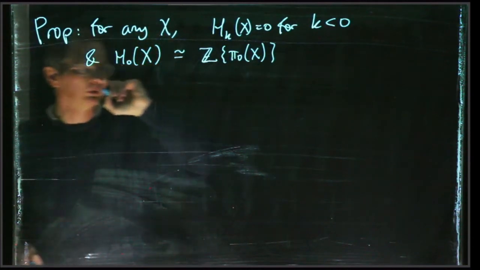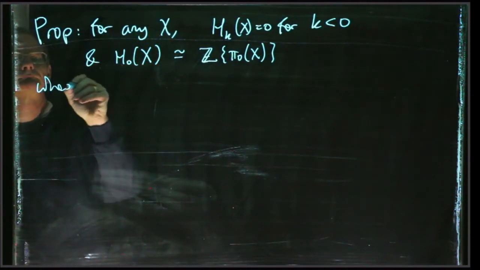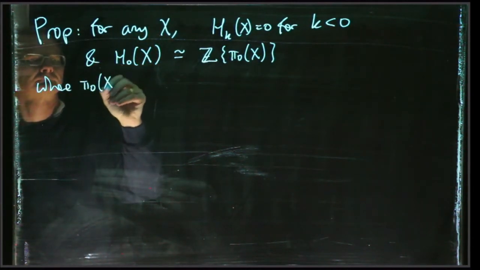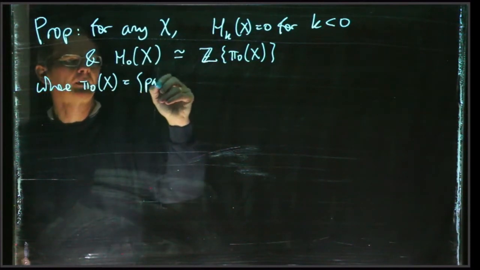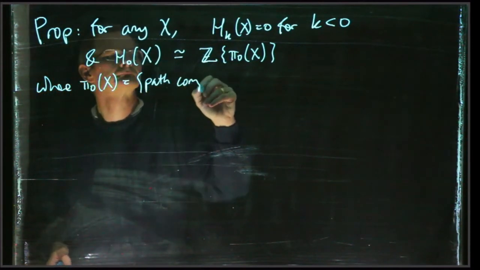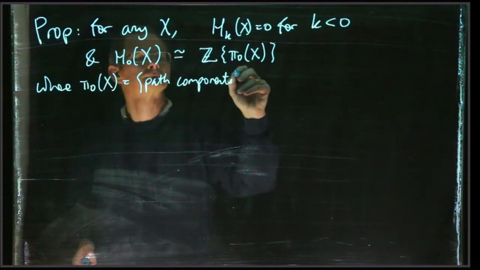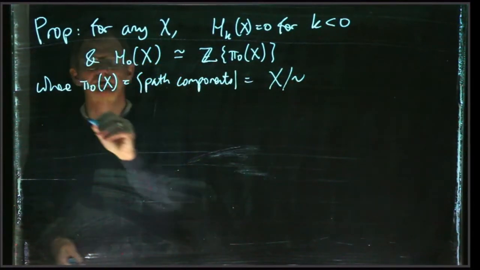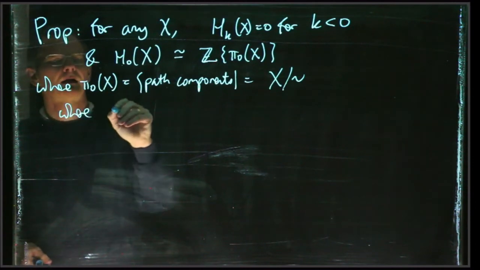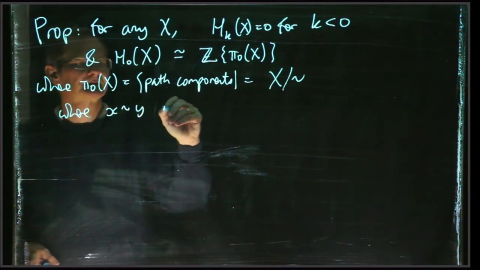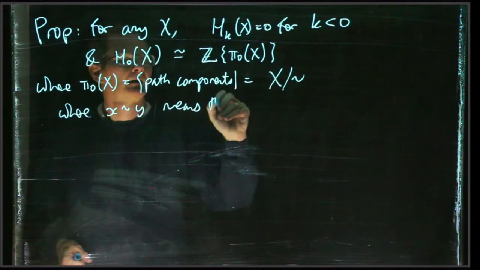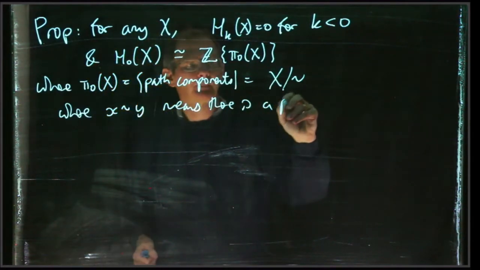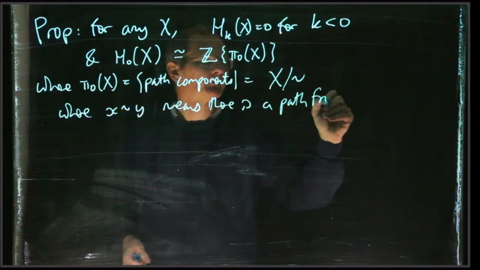Let's just recall that's the set of path components. So the quotient of X by the equivalence relation, where x twiddle y means there's a path from x to y.